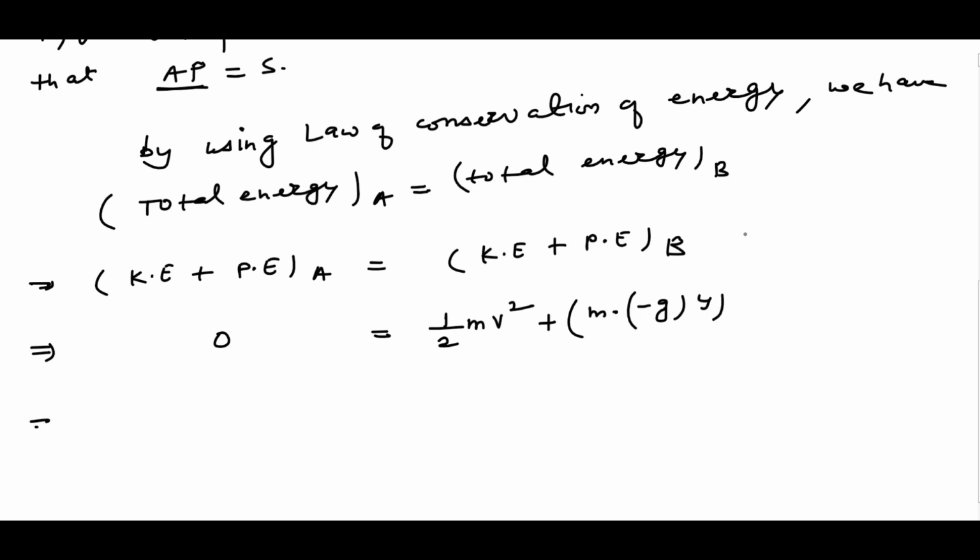So finally we can write 0 is equal to half m v square minus m g y. So from here, half v square is equal to g y.